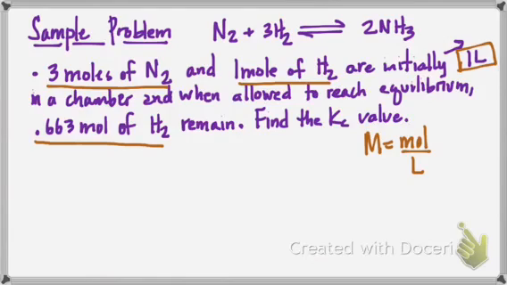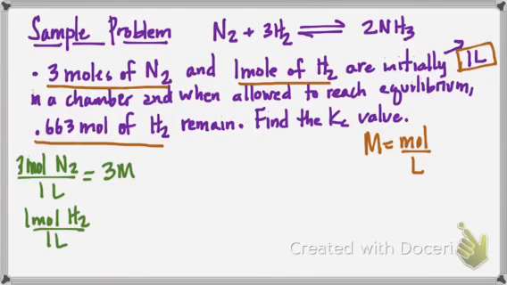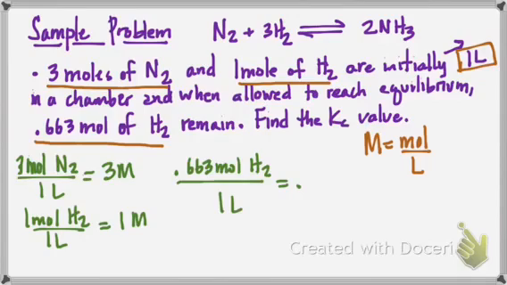So you've got moles of N2, and you've got 3 moles of N2 over 1 liter, so you've got 3 molar N2, and then you've got your 1 mole of H2 divided by your 1 liter, and again it's obviously going to be 1 molar, and then along the same lines you've got your 0.663 moles of H2, and that's your equilibrium amount, 0.663 mole over your 1 liter, so now you've got 0.663 molar.